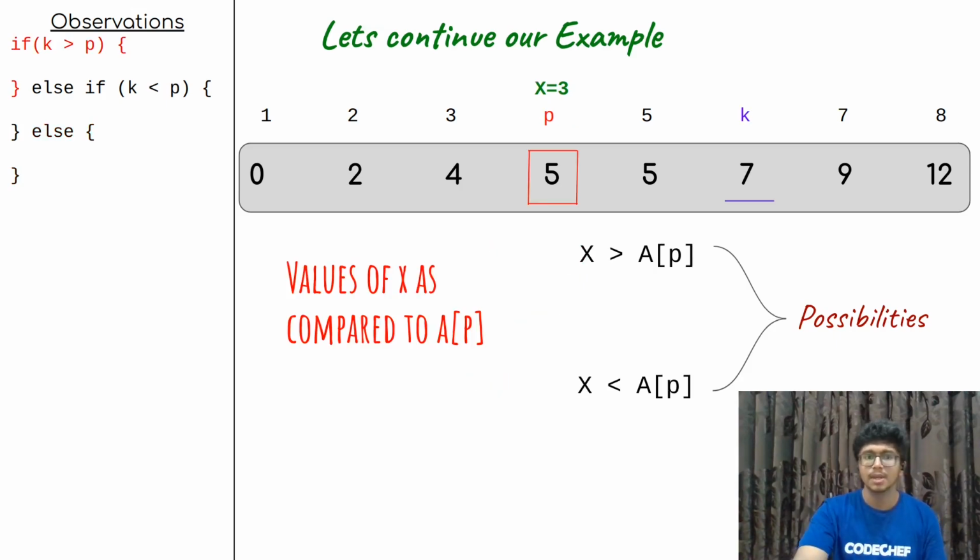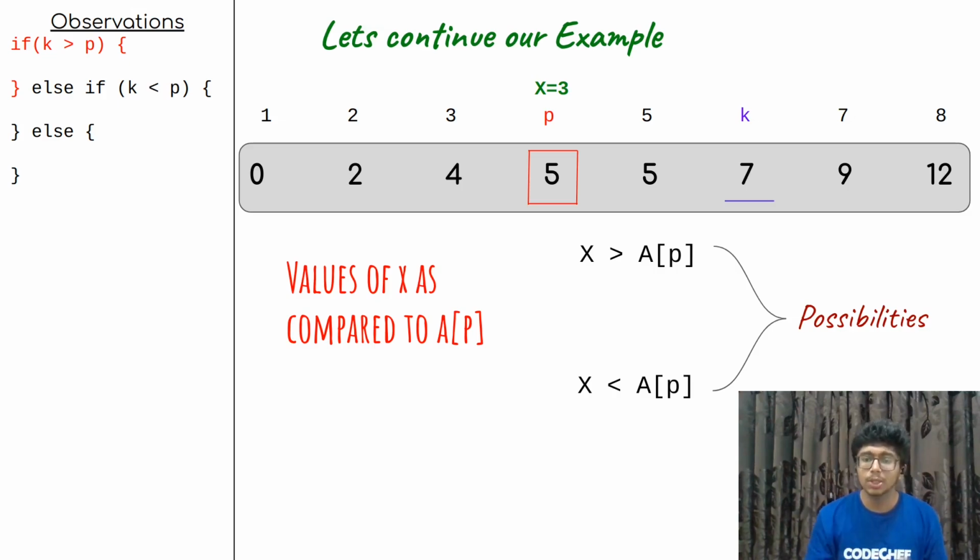Okay, now let's move on to the first case and the observations. The value of k is greater than p. So let's continue on the same example, the very same example which we took, right? Let's suppose that the value of k comes after p. Now in this case, again there is a comparison.